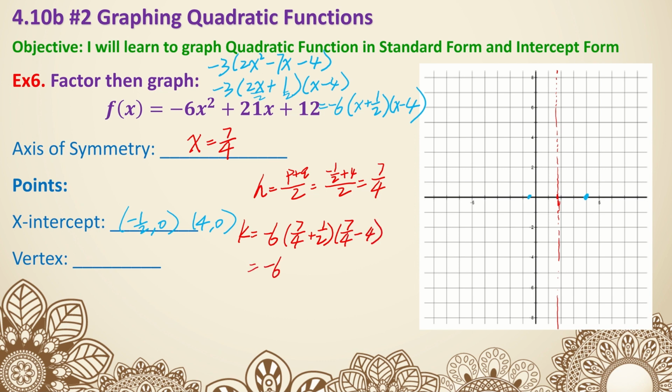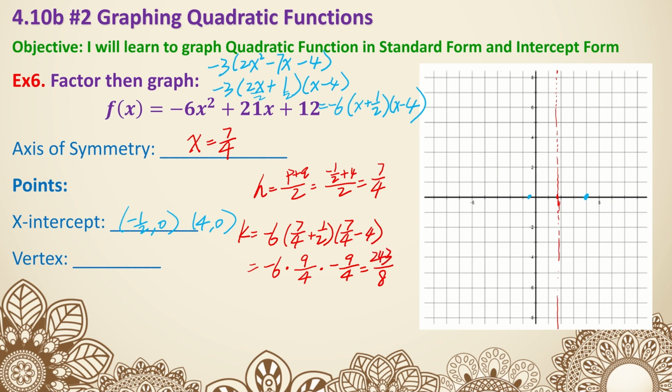That is a negative 6 times a 9 over 4 times a negative 9 over 4, which is going to be quite a big number. So 16 on the bottom is 81 on the top, but it's going to multiply with a 6, so it's actually going to be an 8 on the bottom. And negative times a negative is a positive, and it's going to be 243 over 8.